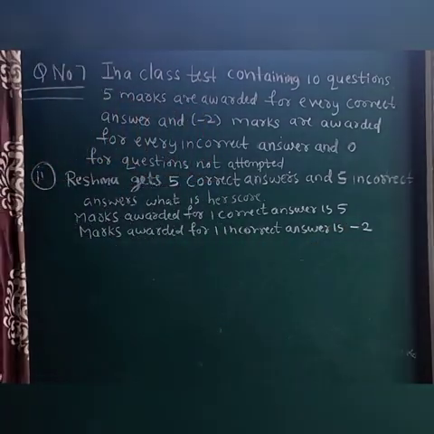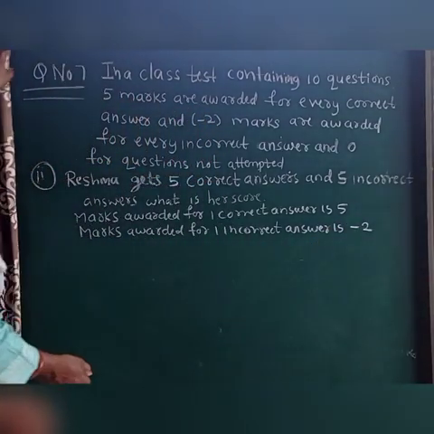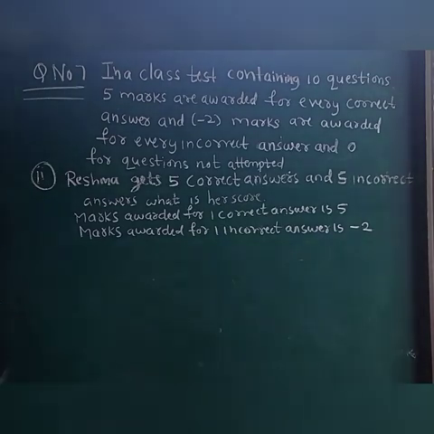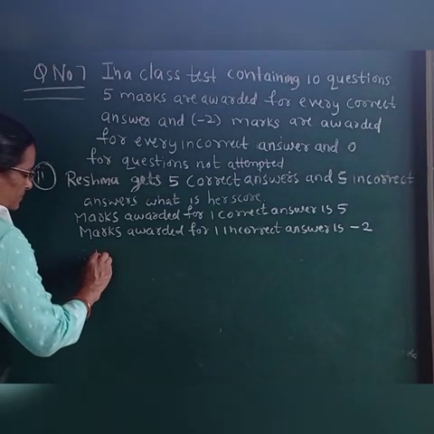Now, how many correct answers did she write? 5 correct and 5 wrong answers. So, what we should do is, marks obtained for 5 correct answers we have to find.